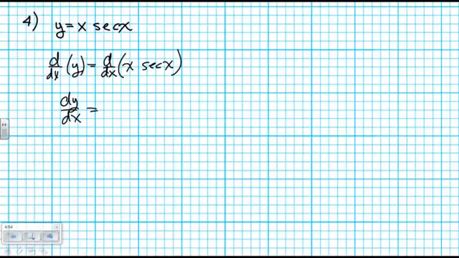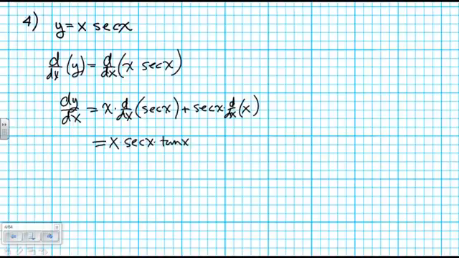So what we really have is a product rule: first times the derivative of the second plus the second times the derivative of the first, giving us x times the derivative of secant, which is secant x tangent x, plus secant x times the derivative of x, which is 1.